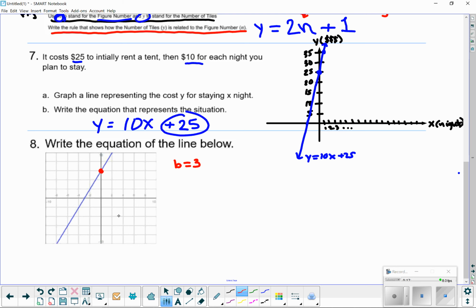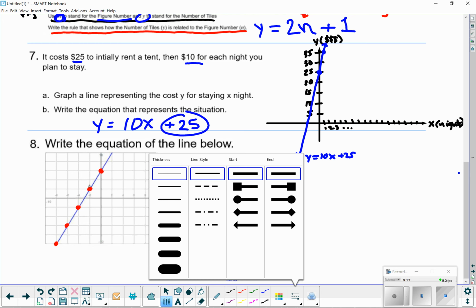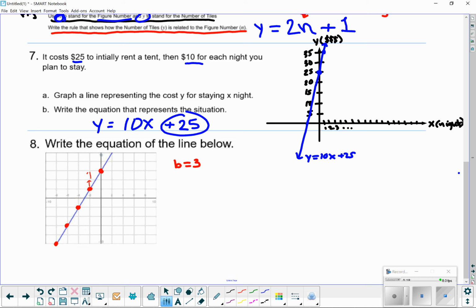To find slope, you need another point, and I can spot a couple points. You can use any two. So I'm going to go ahead and use this one, which is going to be up 2 and over 1. So your slope is going to be up 2, which is positive 2, and over 1. So 2 divided by 1, that's just 2.